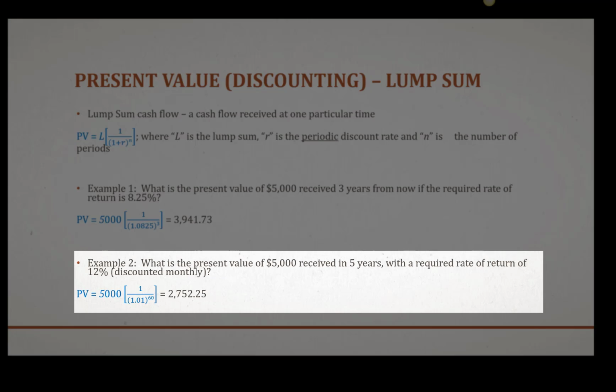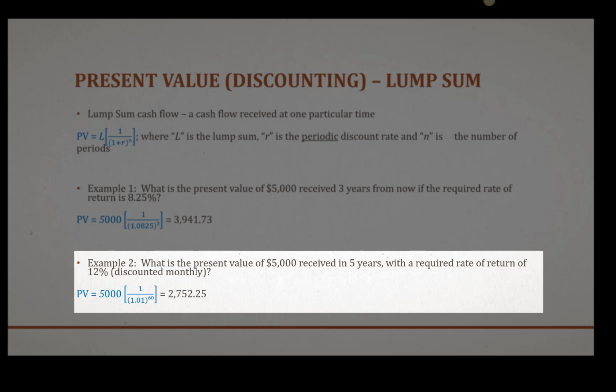In the second example, if we changed the periods to months and tweaked our question just a tad and said the required rate of return is now 12%, that would be an annual rate. And if we discount that monthly, we would get a monthly rate. So 12% divided by 12 is obviously going to be 1% per month.